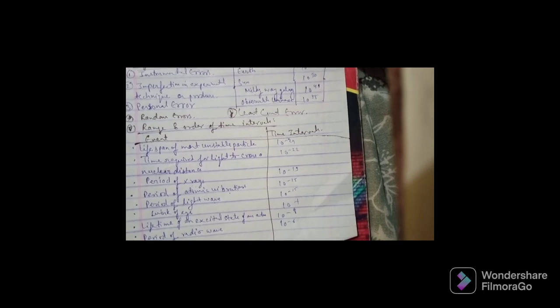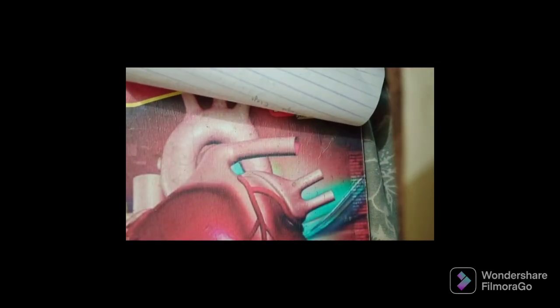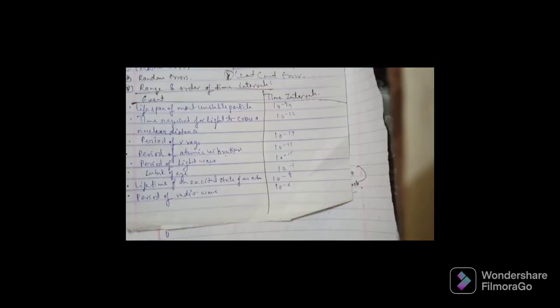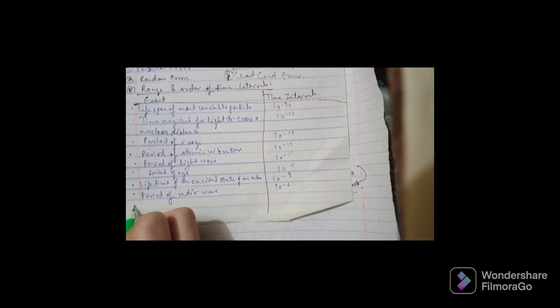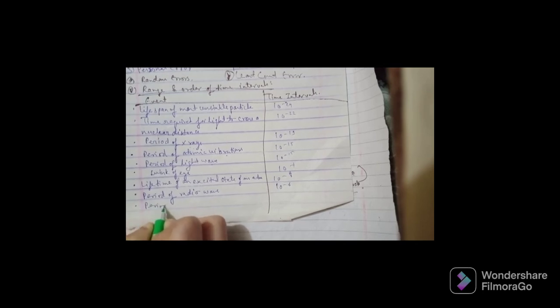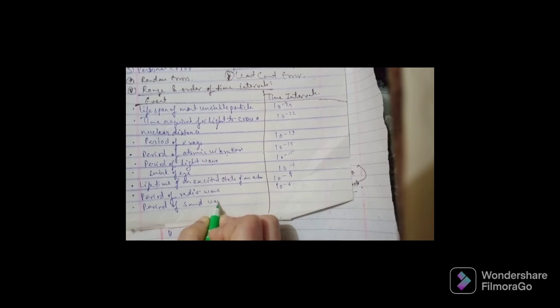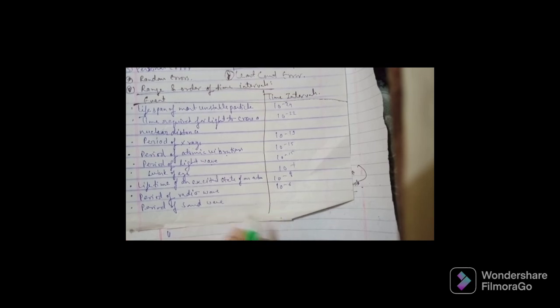Then we have another one, which is the next that we have to discuss here. Let's go for the same. So period of radio wave we had done. Now period of sound wave. For sound wave we have 10 to the power minus 3.